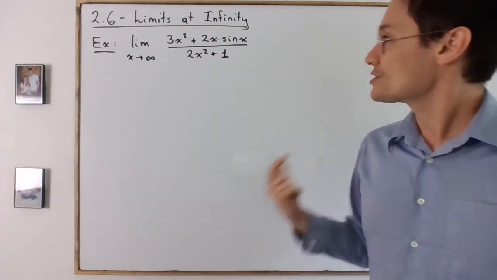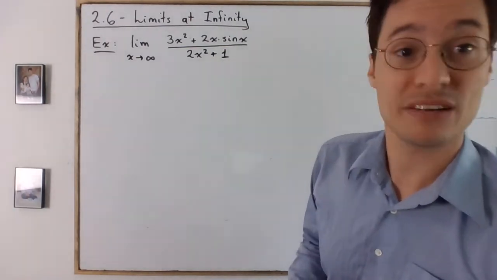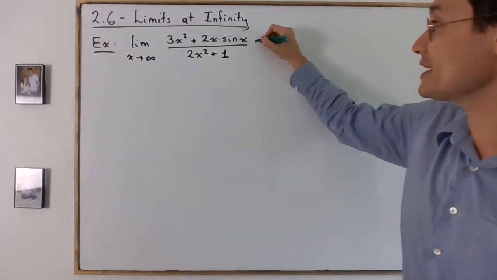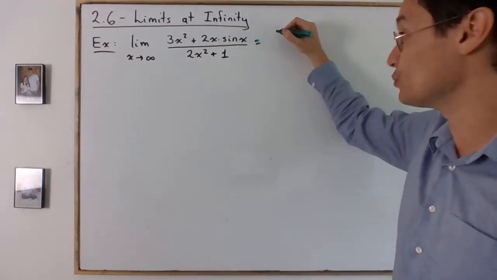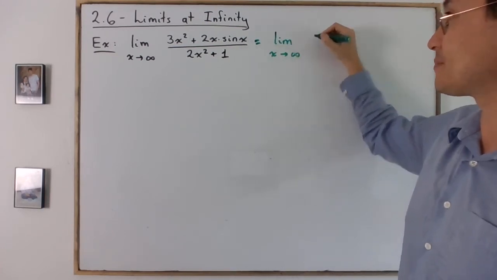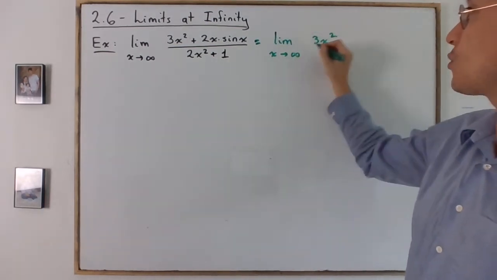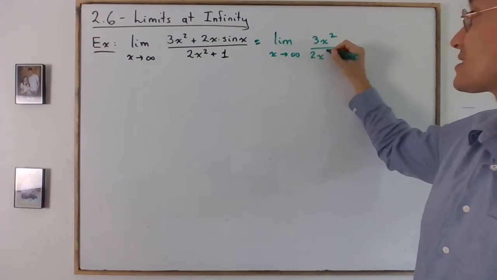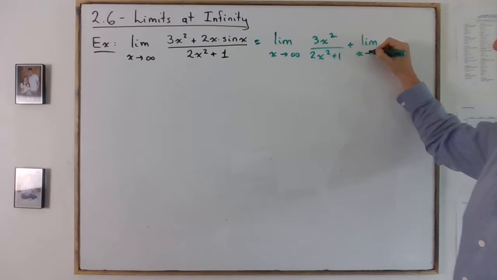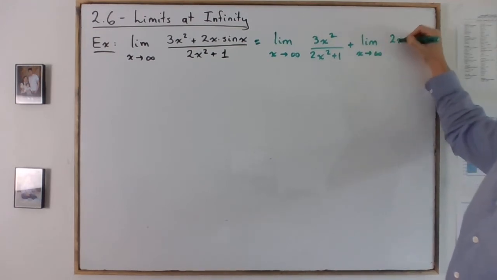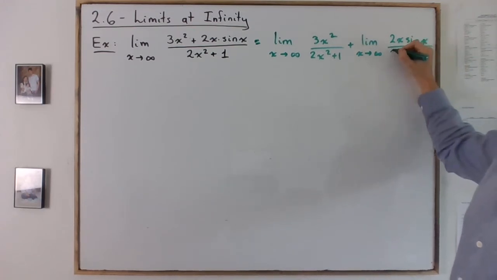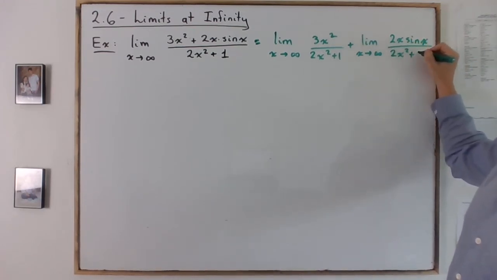The first thing to note is that there's more than one way to correctly solve this example. One thing you could do is to split the limit in two. You could say this is the limit as x approaches infinity of 3x squared divided by 2x squared plus 1, plus the limit as x approaches infinity of 2x sine of x over 2x squared plus 1.